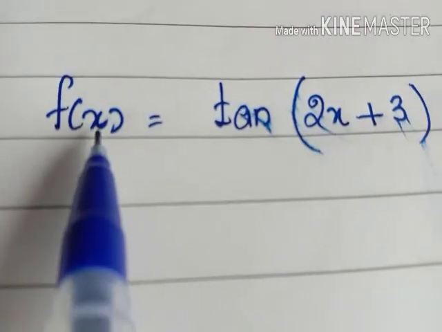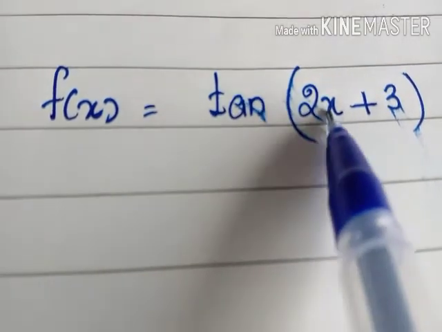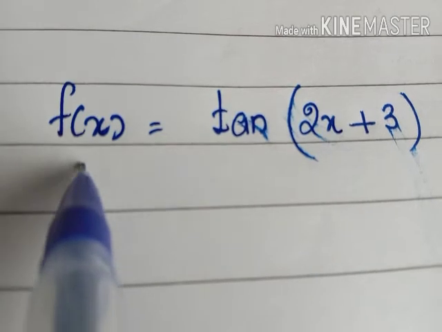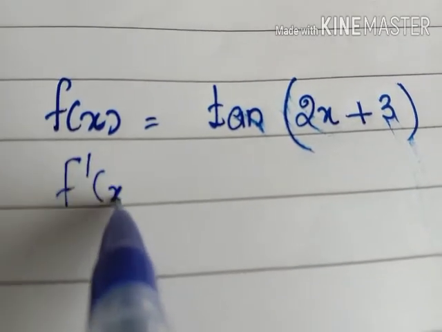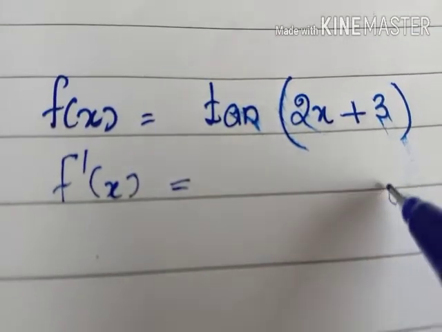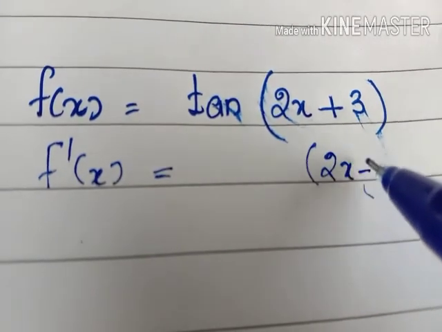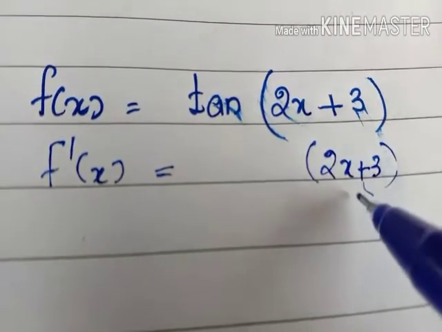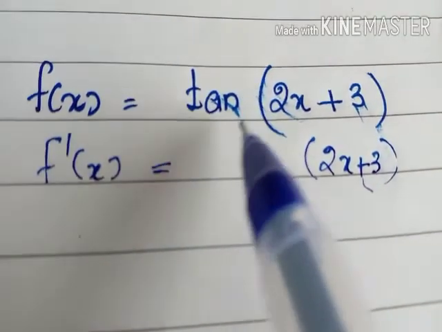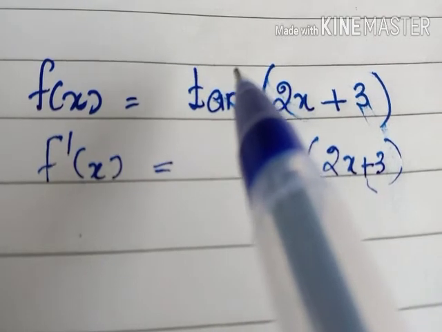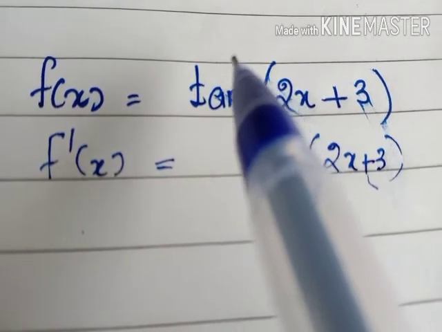The example, f of x equal to tan 2x plus 3. We have to find derivative of f of x, that is f dash of x. So you can write the bracketed expression firstly, 2x plus 3. Now consider this tan ratio only and think what is the derivative of tan x.